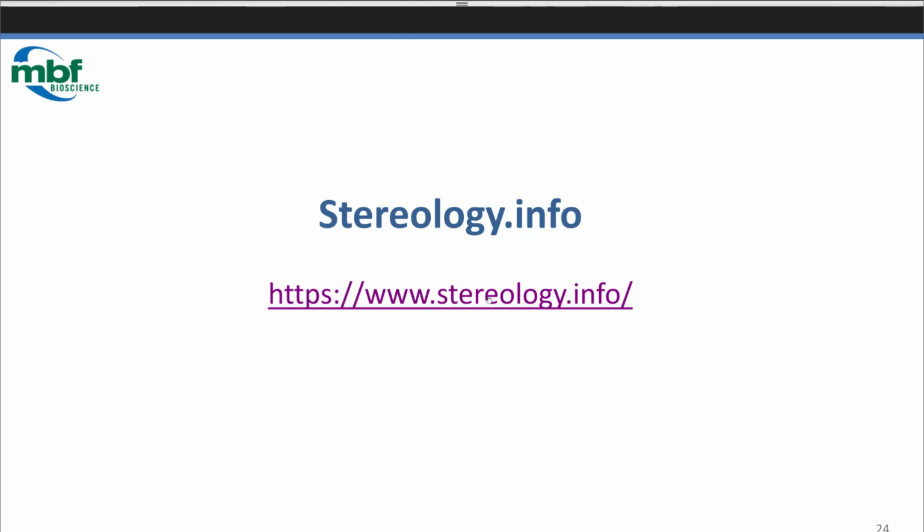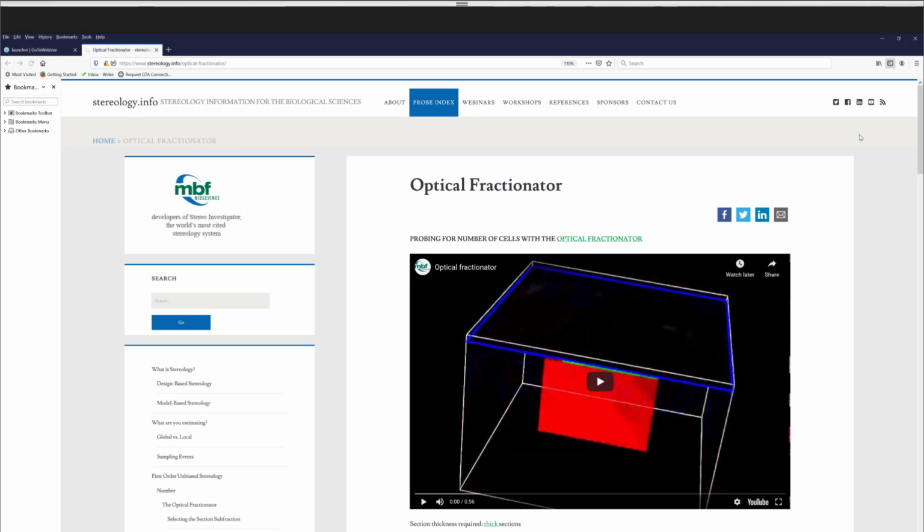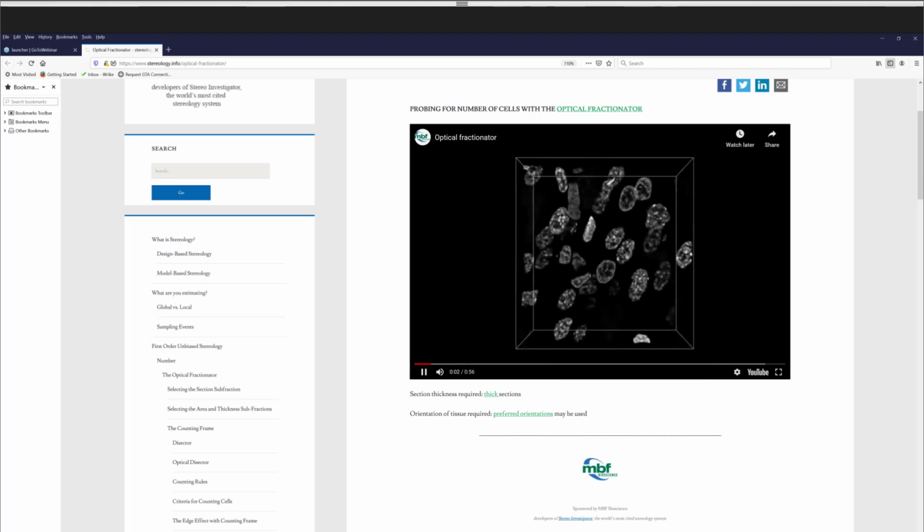Let's go to stereology.info, and I have a link here to the page for optical fractionator. This shows the optical fractionator is to estimate number. If we go down here, it shows that it will estimate that in thick sections, and you can use preferred orientation. Let's take a look at the optical fractionator in action.